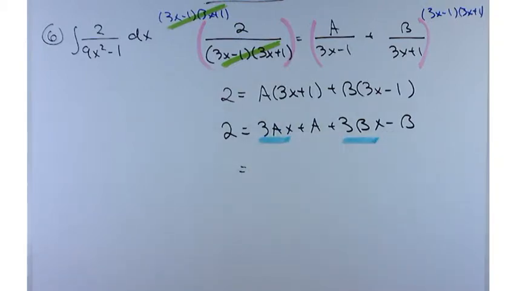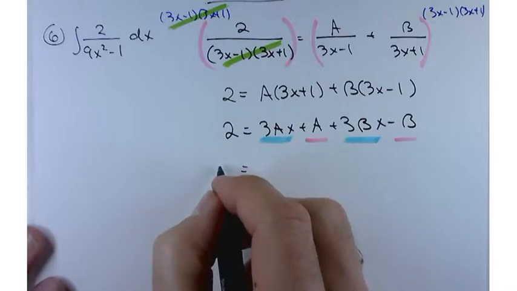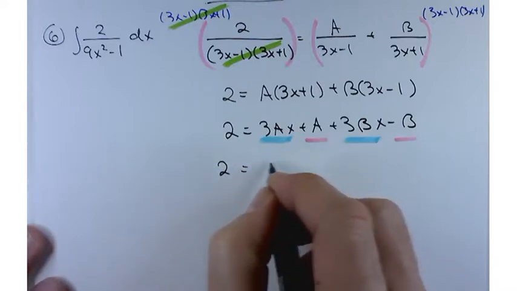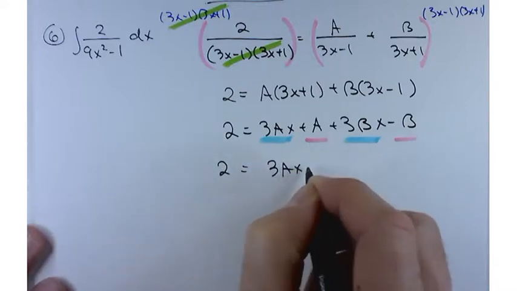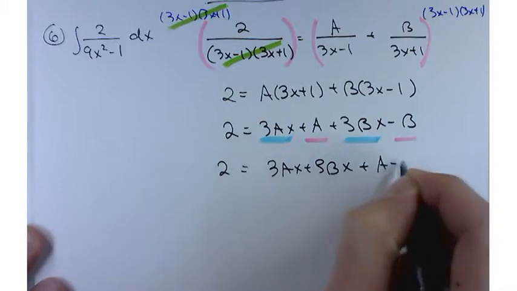And then what's left is the constant terms, so that's these two. So I get 2 equals 3Ax plus 3Bx plus A minus B.